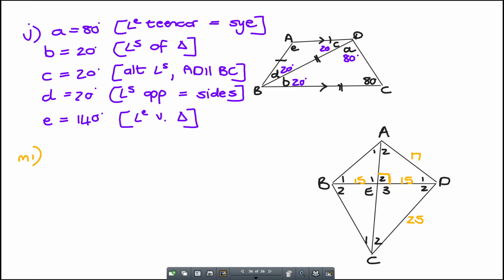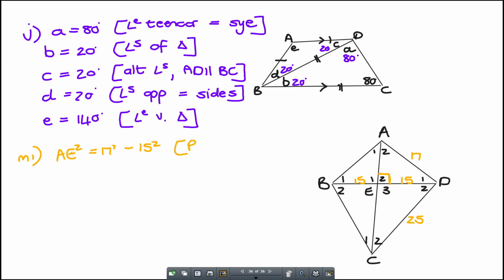Okay, so dis eintlik maar al wat ek nodig het om vir AE te gaan uitwerk. I need AE, so I am going to work in this triangle because I can use Pythagoras there. Do you guys see that? So ek gaan sê AE kwadraat is gelyk aan 17 kwadraat minus 15 kwadraat.